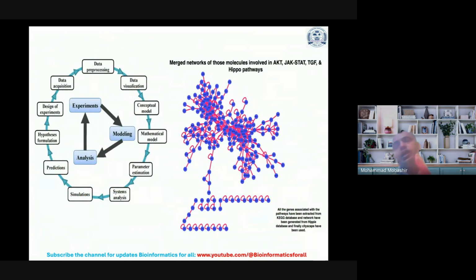Then here I have given my own data. This is one of the networks which is merged from four pathways: AKT, JAK-STAT signaling, TGF beta, and Hippo signaling pathways. And these genes were differentially expressed in realistic data in the case of a specific cancer.